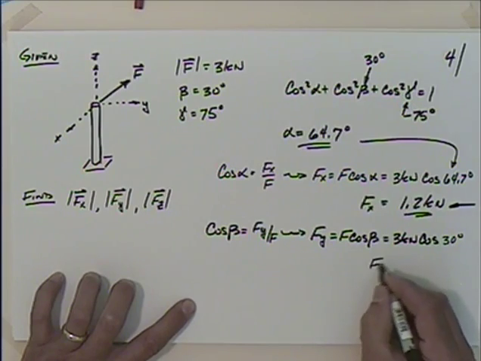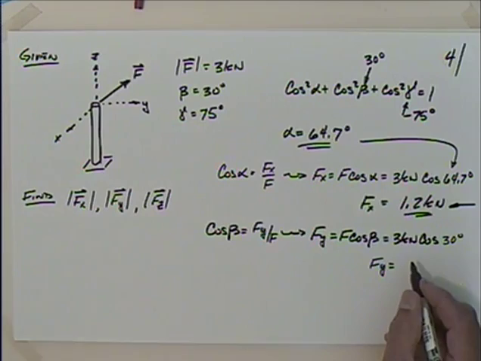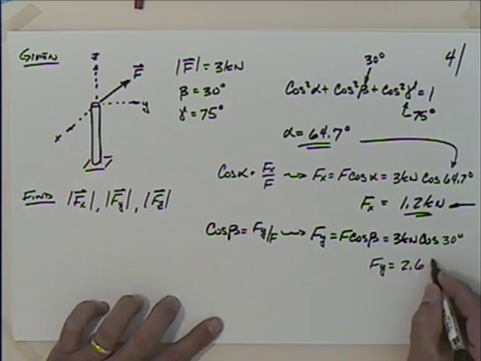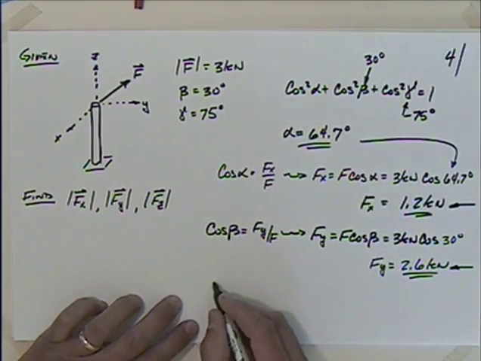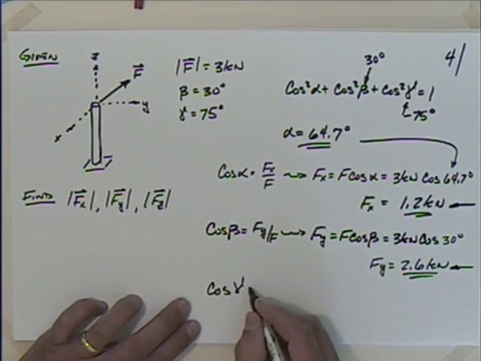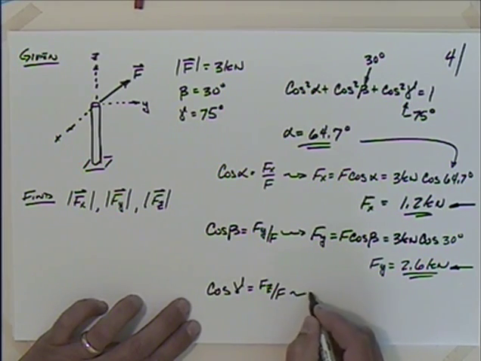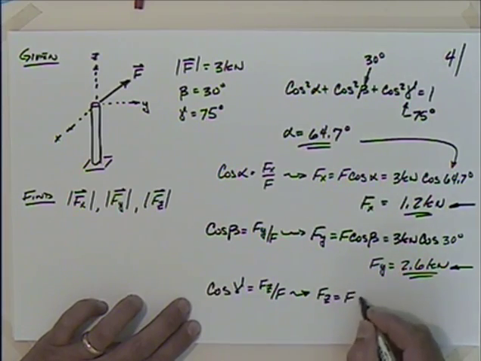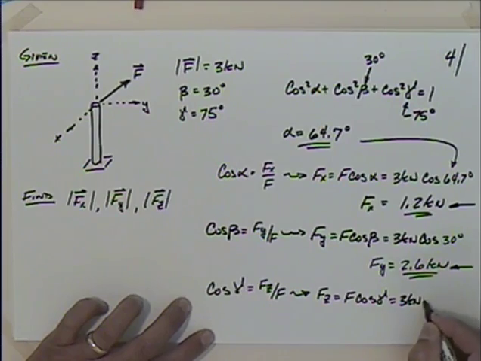Which then we can say that F_y is equal to 3 kilonewtons cosine 30 degrees, 2.6 kilonewtons. And finally we could say that the cosine of gamma, which is defined as F sub z over F, you could say then that F sub z is going to be equal to F times the cosine of gamma, which is 3 kilonewtons times the cosine.